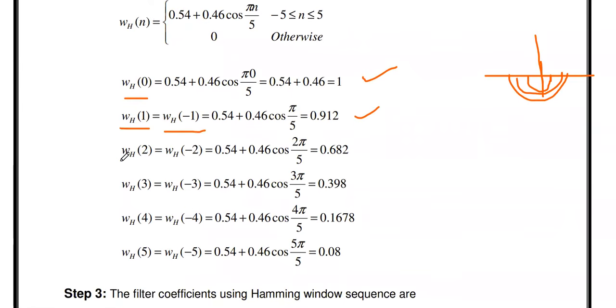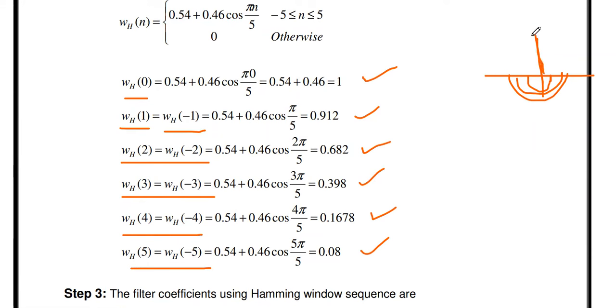Similarly, substitute n equal to 2. So wH(2) and wH(minus 2) value is 0.682. wH(3) is 0.398. wH(4) is 0.1678. wH(5) is 0.08. Already you know the answers for this windowing sequence. The center value is always the maximum, which is equal to 1.